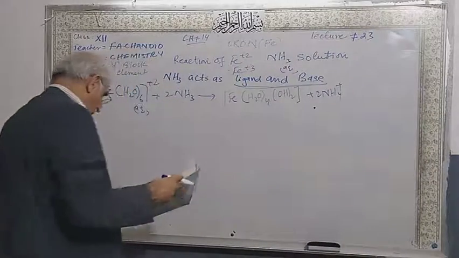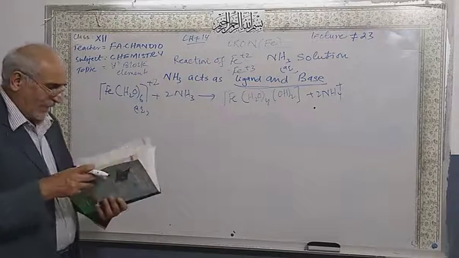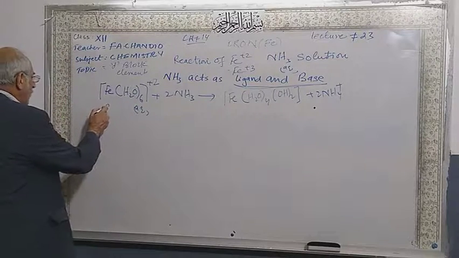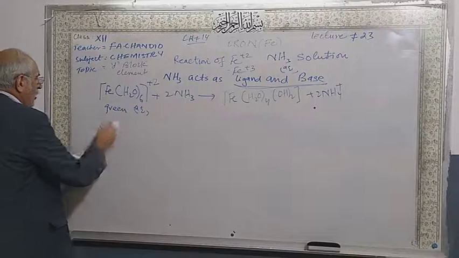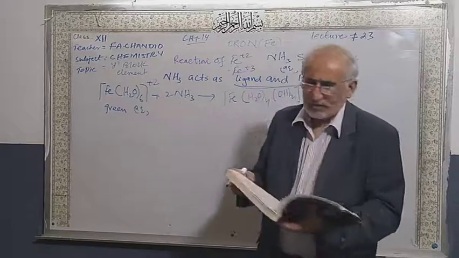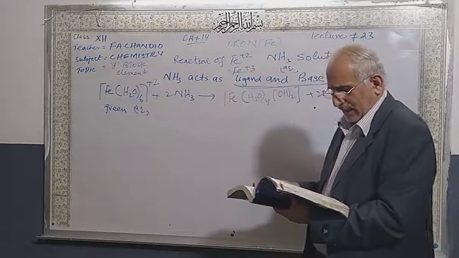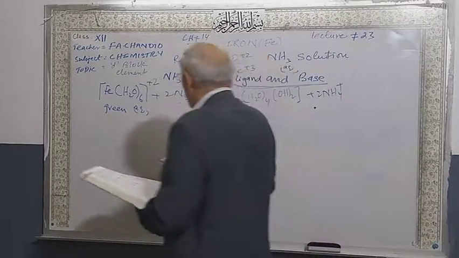So in this case, hexa aqua iron 2 is a very light green color. See the book? So it changes into the tetra aqua dihydroxo iron neutral complex. This is a gelatinous green.